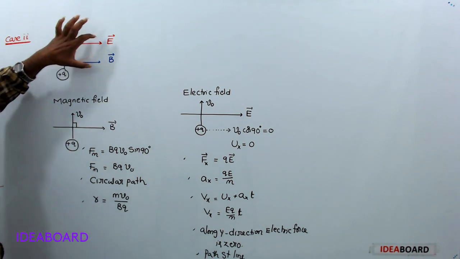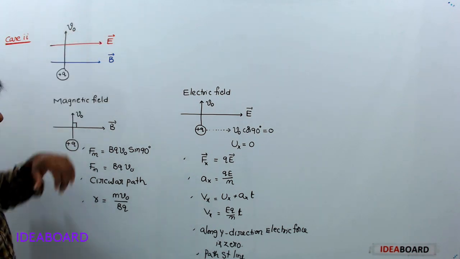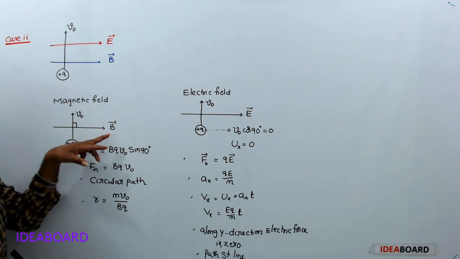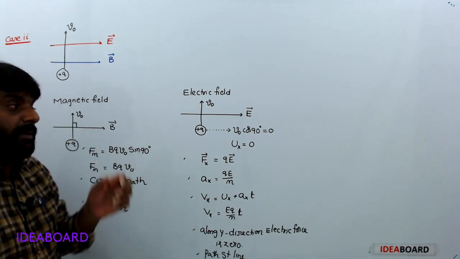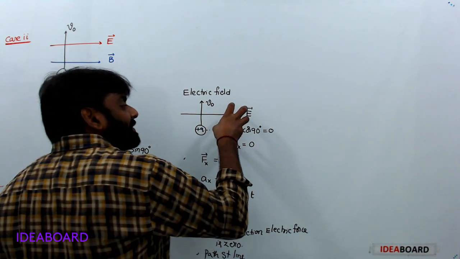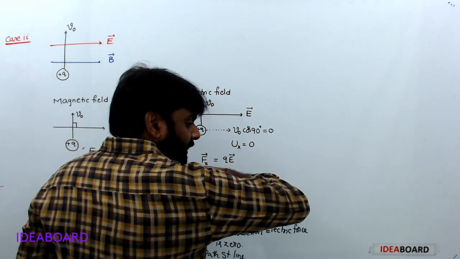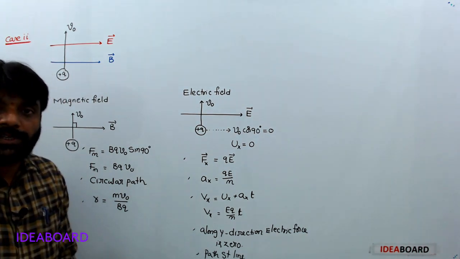Now in this case, both fields are applied. The magnetic field creates a circular path, and the electric field moves it in a straight line.